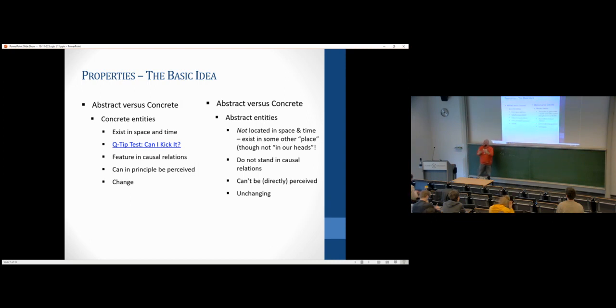And note again, these aren't meant to be necessary and sufficient conditions. They're rough and ready guides to this difference. If there's really one that pulls them apart, it's this top one: having spatial or spatiotemporal location versus not.